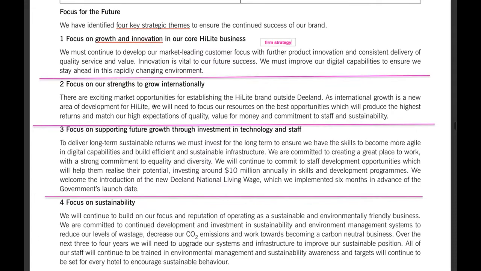There are exciting market opportunities for establishing the highlight brand outside Zealand. International growth is a new area of development and we will need to focus our resources on the best opportunities which will produce the highest returns and match our high expectations of quality, value for money, and commitment to staff and sustainability. So basically, this can be your further explanation on Porter's 5 diamond. There are quite a lot that you can write here.